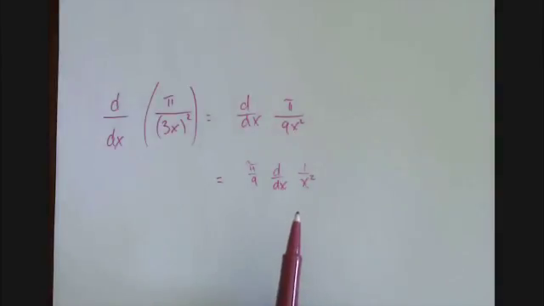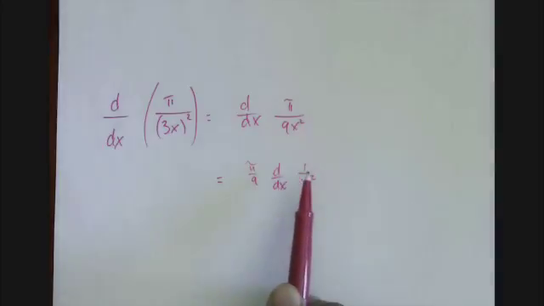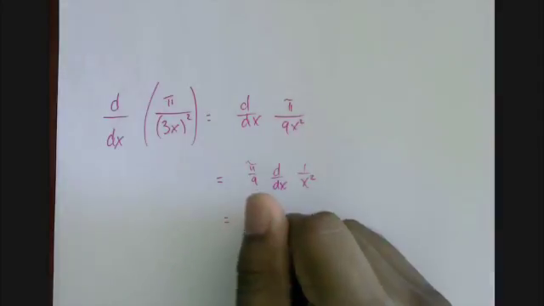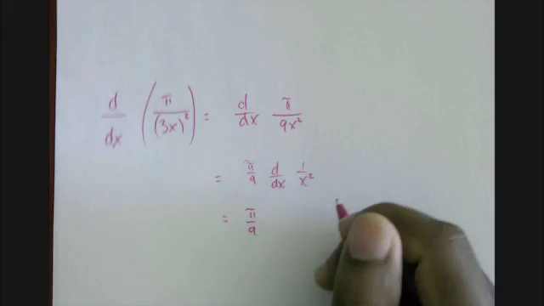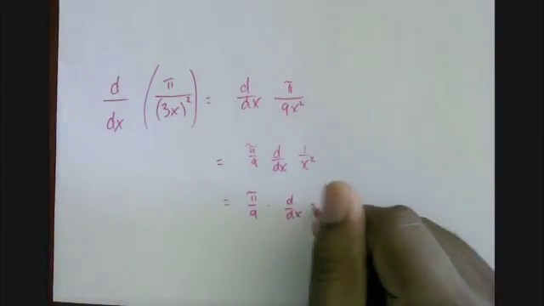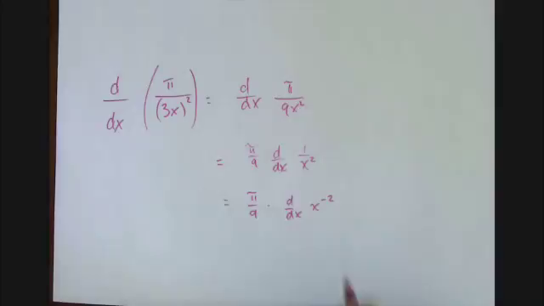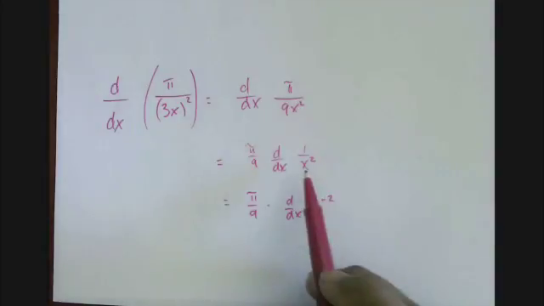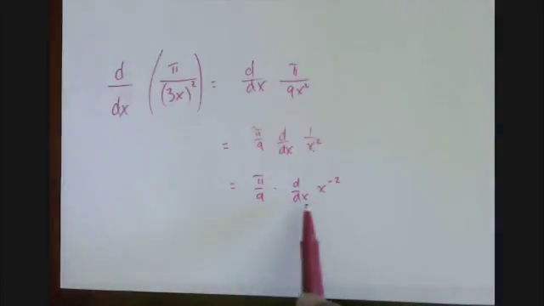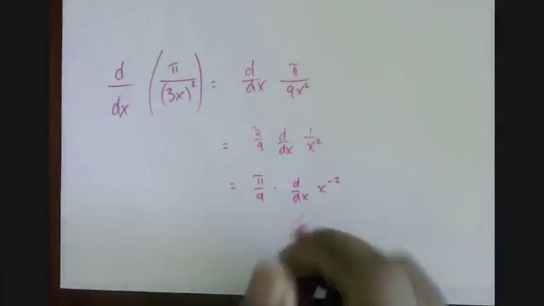Now you may remember from the above example that 1 over x squared could be rewritten as a function with just one exponent and not as a fraction. And what I mean by that is we can have pi over 9 times d dx of x to the negative 2. 1 over x squared being equivalent to x to the negative 2. This is a big key that I'm going to be using my power rule here.